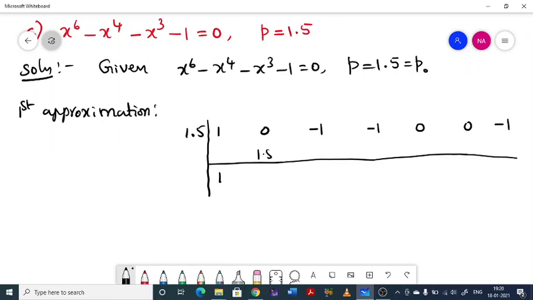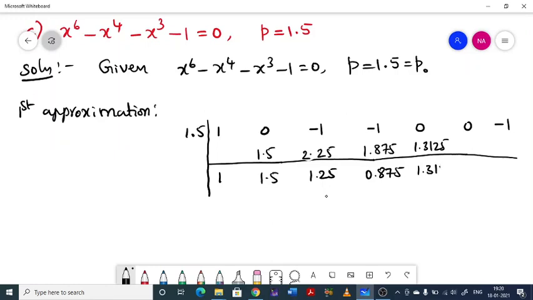1 into 1.5 you get 1.5, 1.5 into 1.5, 1.25. So adding those two, sorry, it is 2.25, adding those two we get 1.25. So 1.25 into 1.5 you get 1.875. So adding you get 0.875, 0.875 into 1.5, that will be 1.3125.